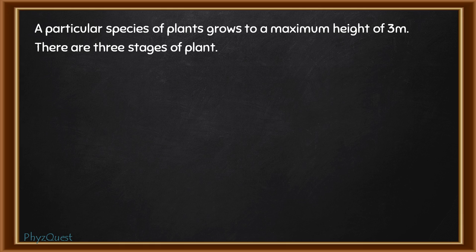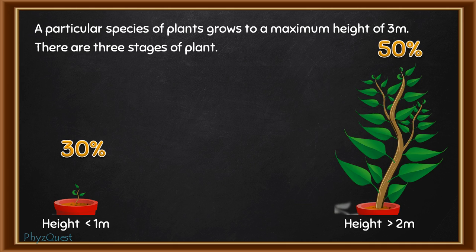Now according to the details of the survey, 30% of the plants have height less than 1 meter, and 50% of the plants have height greater than 2 meters. And of course, greater than 2 meters means maximum it has height 3 meters, as already mentioned.